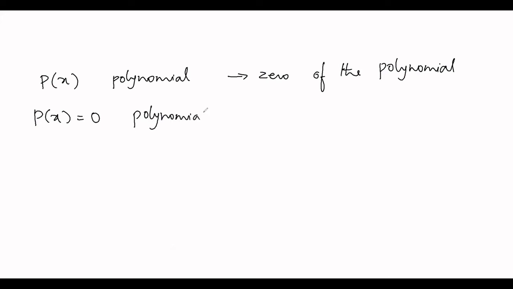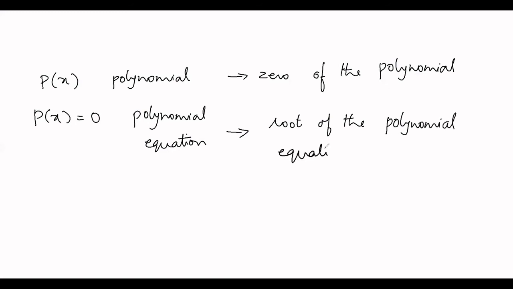And you refer to the value of x which makes p of x equal to 0 as the root of the polynomial equation. So understand the difference between 0 of the polynomial and root of the polynomial equation.